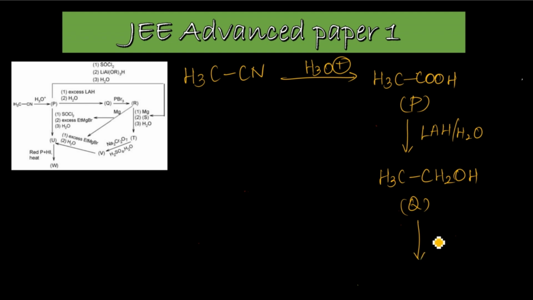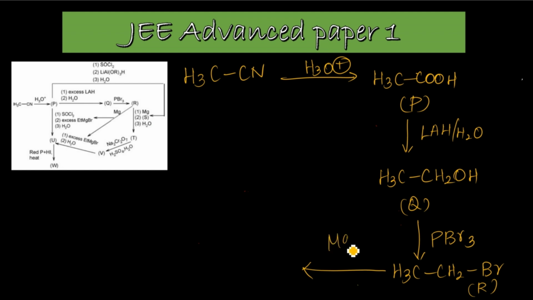So Q is reacted with PBr3, which is very simple. CH3CH2Br will be formed. That is our R. R is undergoing two types of reaction. Let me take the first one where it involves S. So R with magnesium and S. What is S?